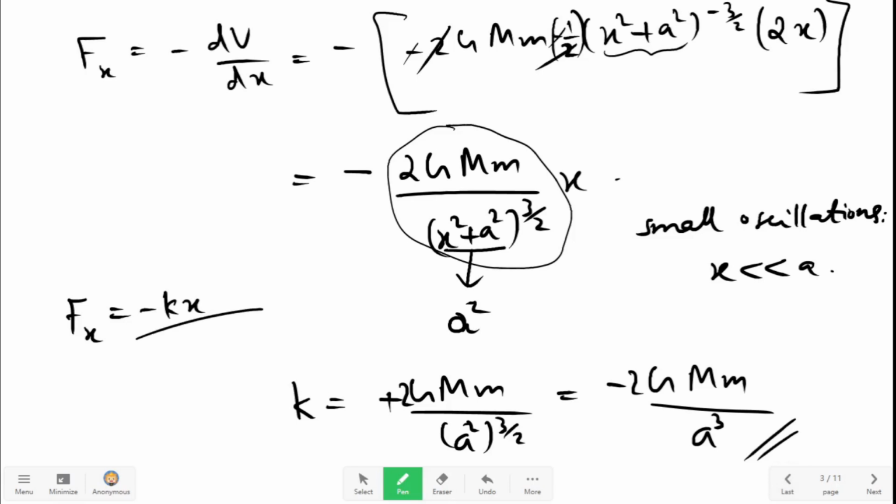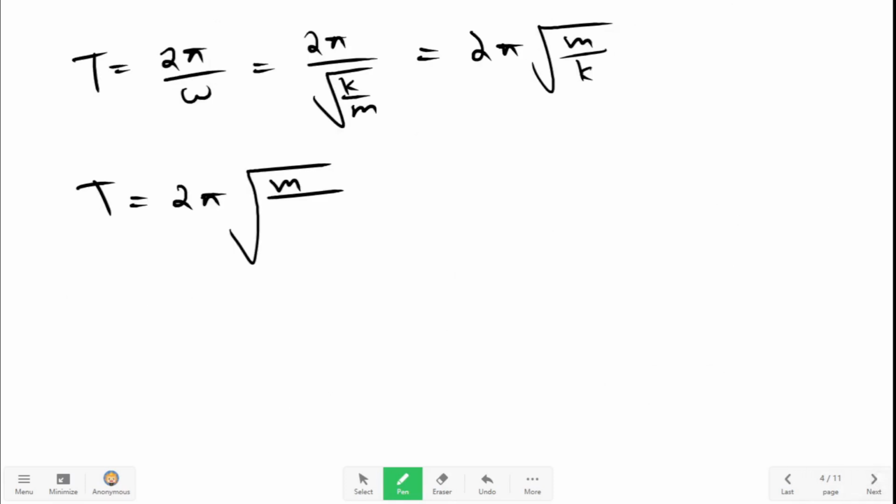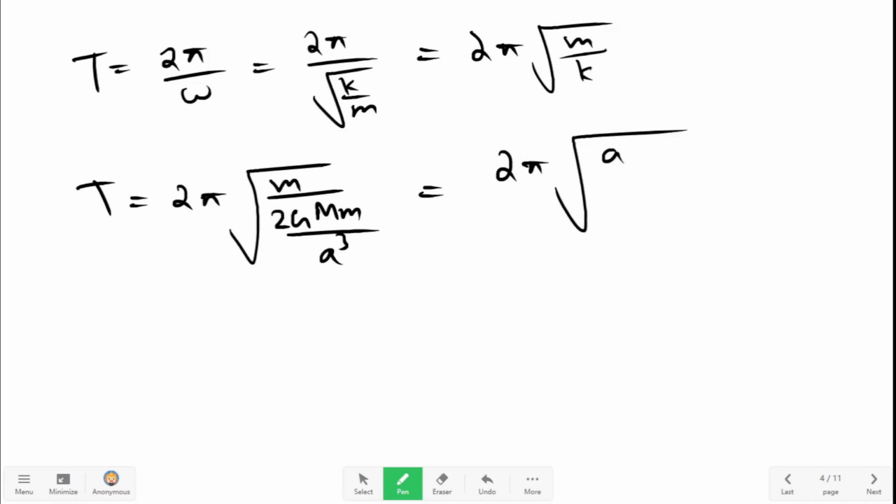When we compare with this formula, we will not include minus with k. Therefore this is plus 2GMm divided by a cube, which is equal to 2 pi times root of a cube divided by 2GM. So this is the time period.